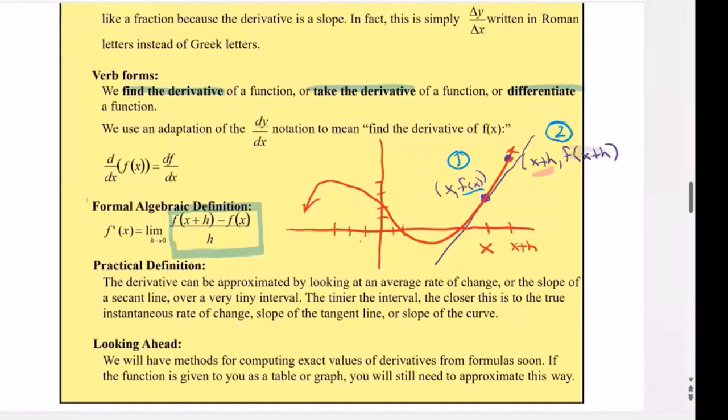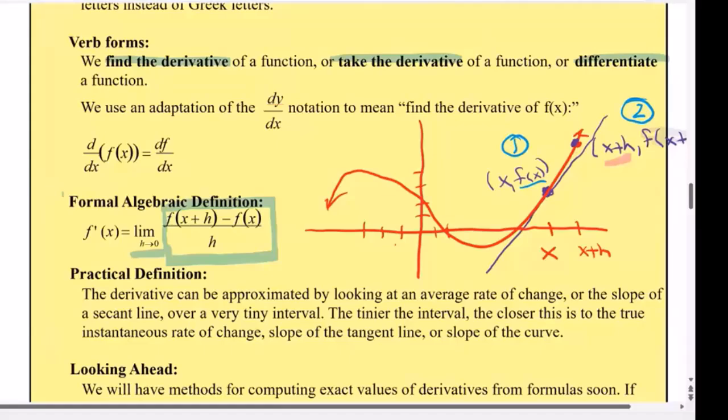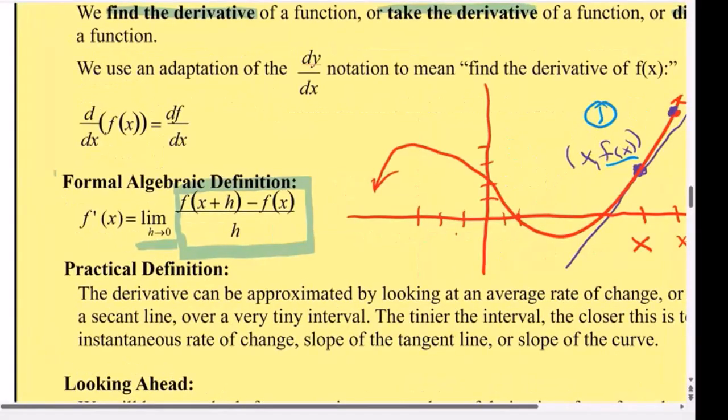When I add this limit on, as h approaches 0, that's what that says. As h approaches 0, that means those points are becoming the same point, but not exactly. That is what is happening. We're making everything really tiny so that we're using 2 points that are so close together, it looks like 1.